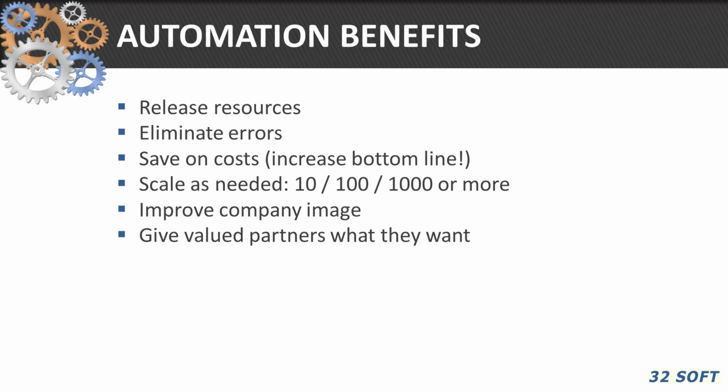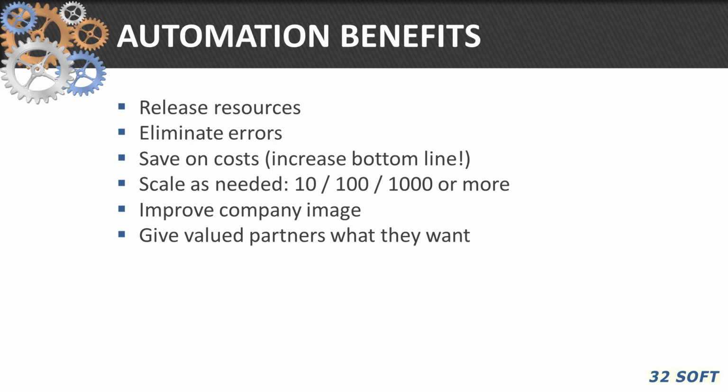All these listed benefits will help to improve your company image in your partner's view. The other thing that you may notice is that more and more of your partners are asking for electronic documents. The electronic format is more convenient for them because they can process the electronic documents easier, faster, and more accurately versus paper-based documents.